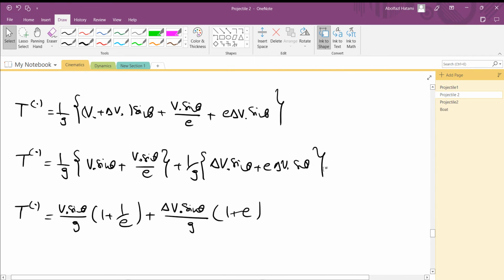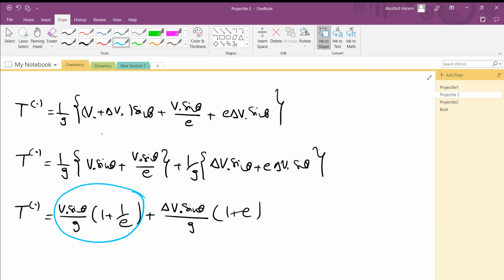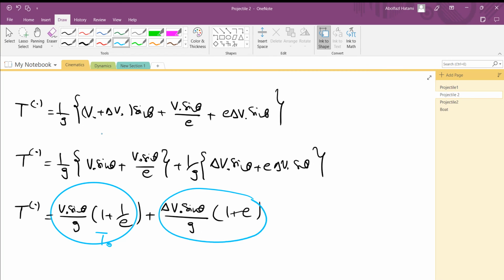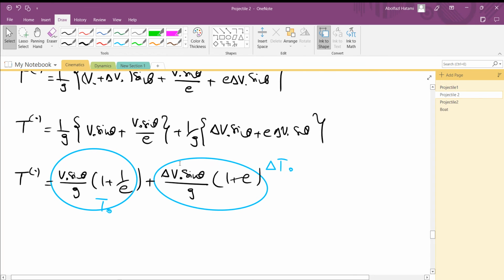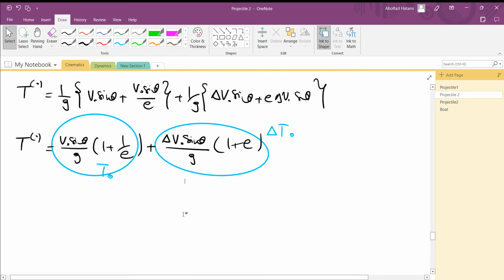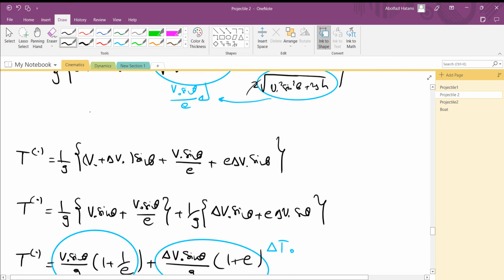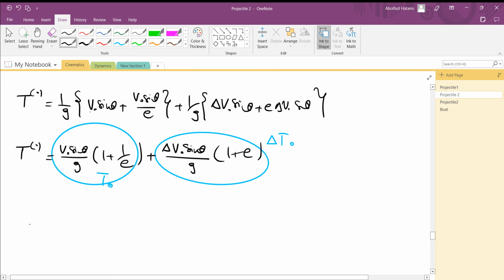So here it is actually T0, and also this is delta T0, which is small because it is some expression multiplied by delta V0, which is so small. So if I do the same equation, consider that I want to find t1.